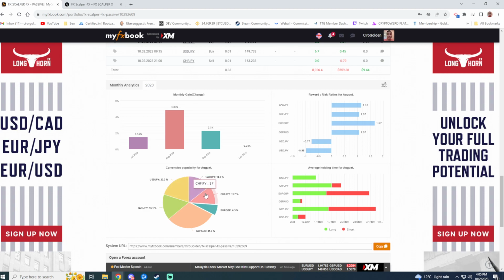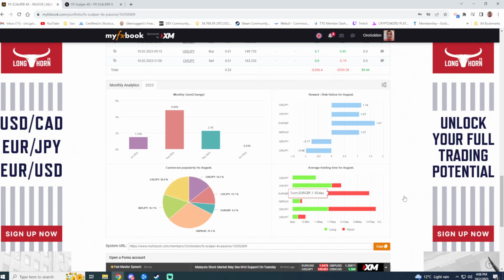So all around very similar amount of trades that happened besides our GBP AUD. And I'm just hoping, when I show you guys September, we can see a little different. Maybe this graph looks a little different next month. So stay tuned for that next video, and you'll be able to see how it panned out for the month of September.